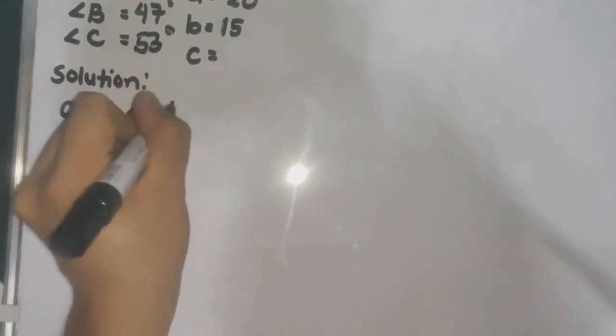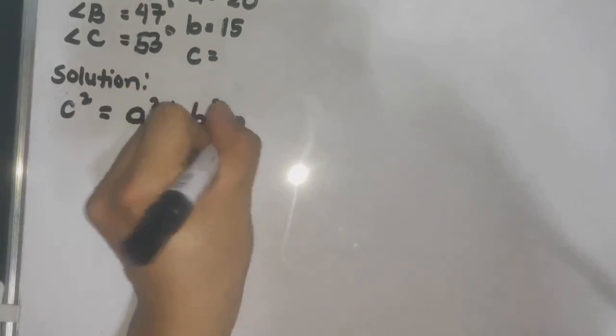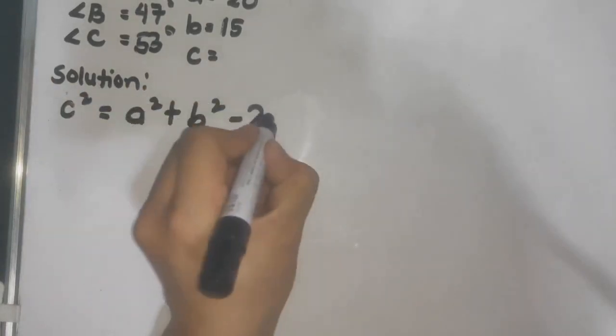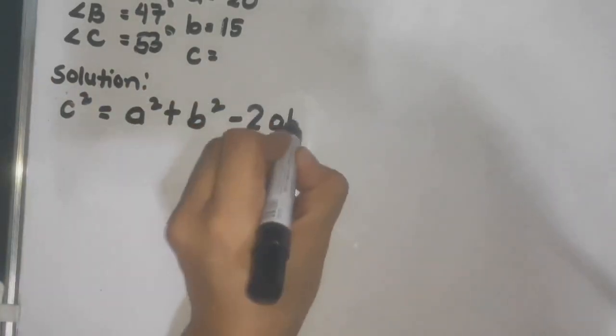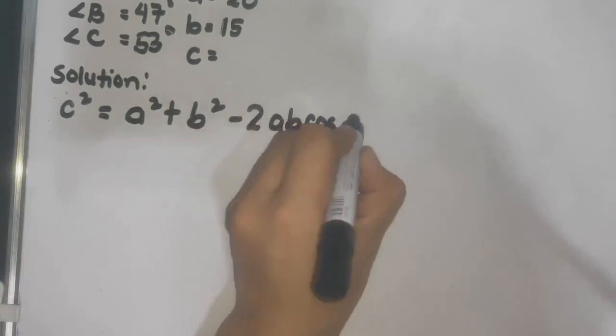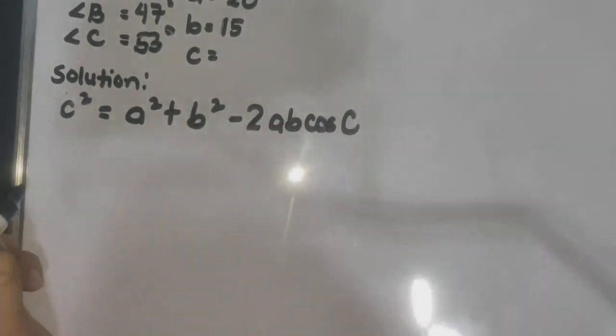A squared plus B squared minus 2 times A times B times the cosine of angle C. Then substitute the values.